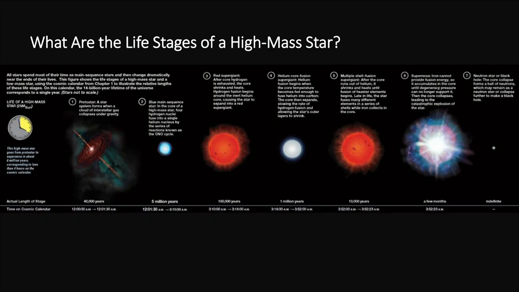So the low mass star made it about a calendar year, and on the same time scale, a high mass star doesn't even make it past 4 a.m. in a single day. So very different time scales for how quickly these things evolve.